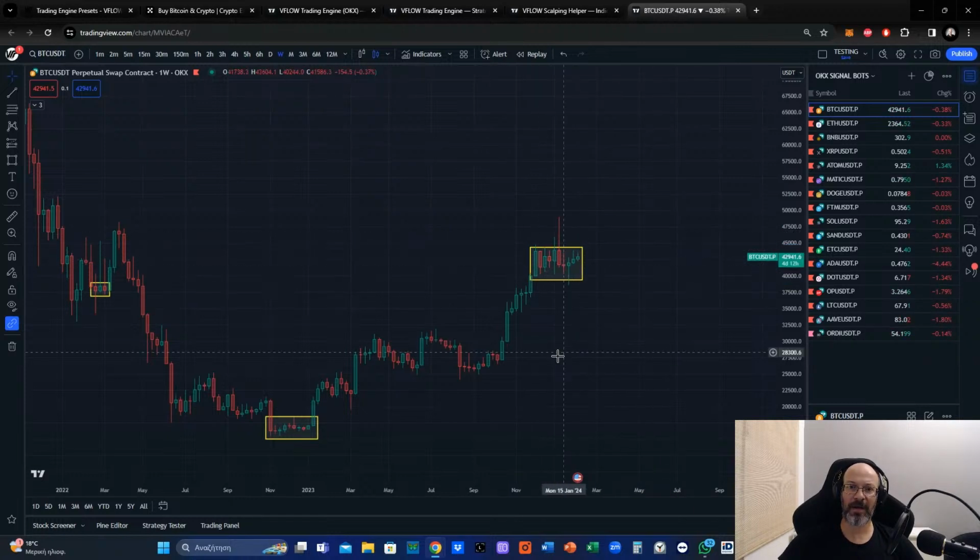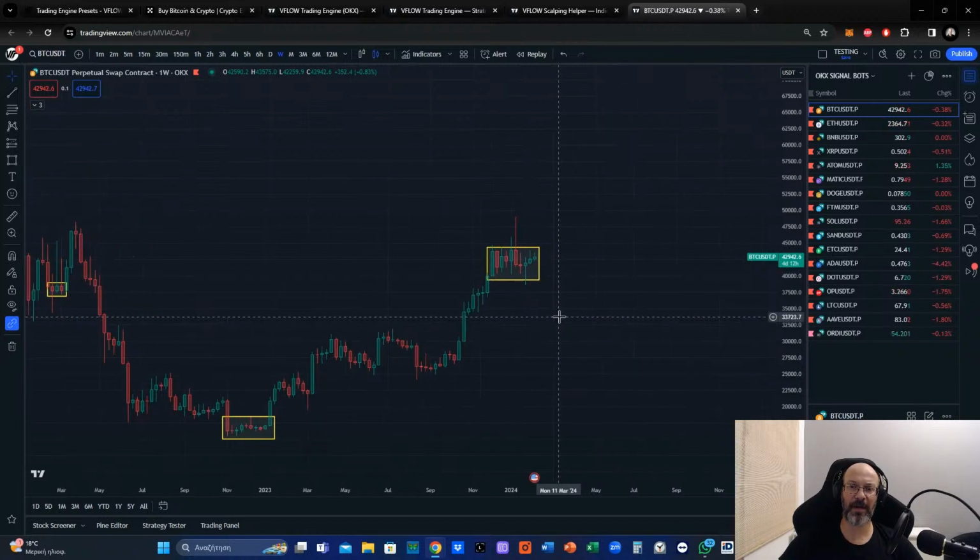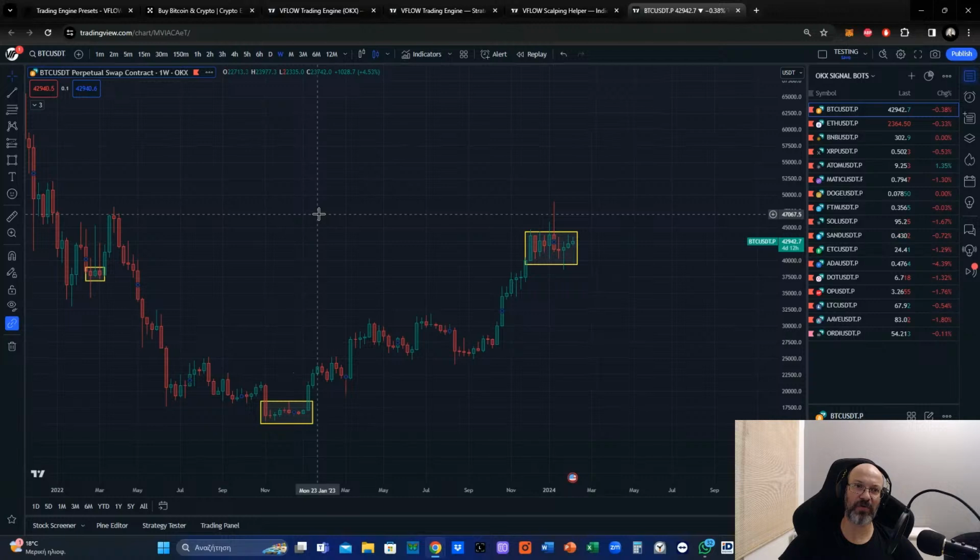Starting from December 2022, we have an uptrend: uprise, small consolidation, small correction, uprise, small correction, uprise, small correction, uptrend until we reach here 42,000, where we are currently standing. So what will the next step be? This is the challenge we should take a look at, and we should seek the help of our trading engine.